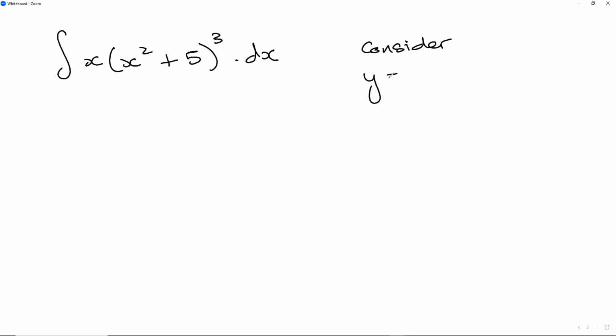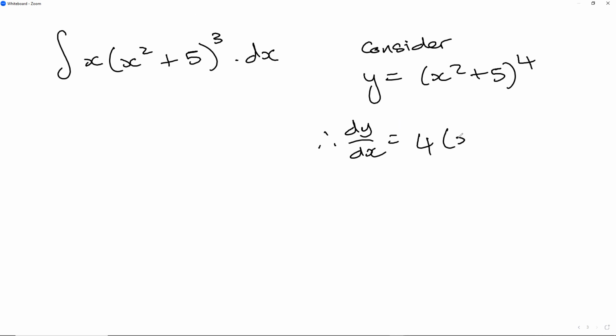Consider y equals (x squared plus 5) to the power of 4. Therefore, dy/dx will produce that, which will get me 4 (x squared plus 5) to the power of 3 multiplied by the derivative of the inside, which is 2x.